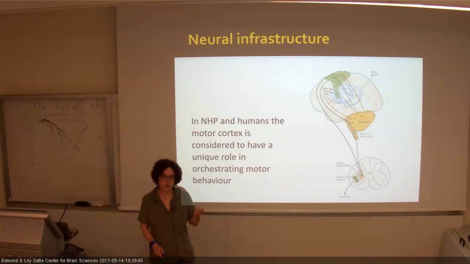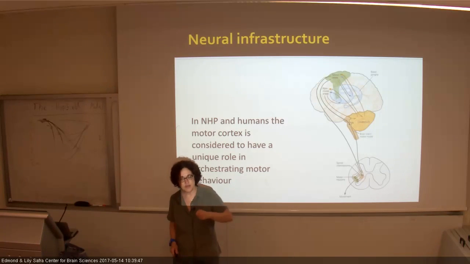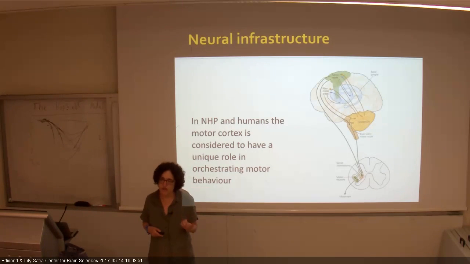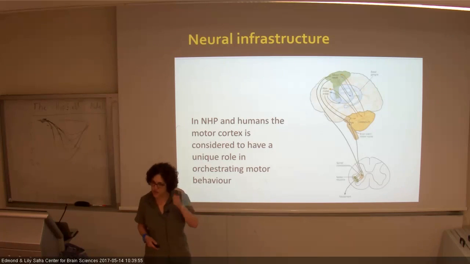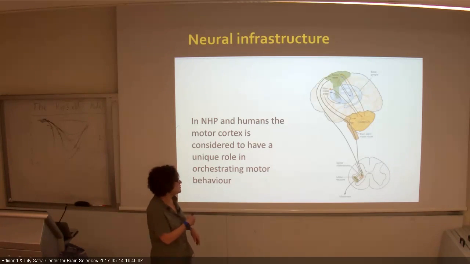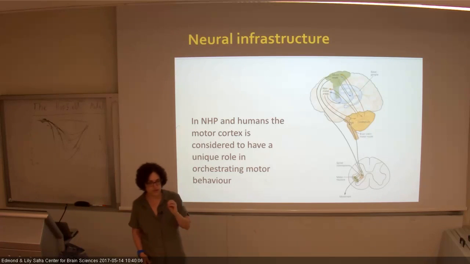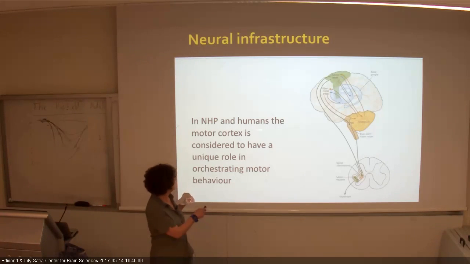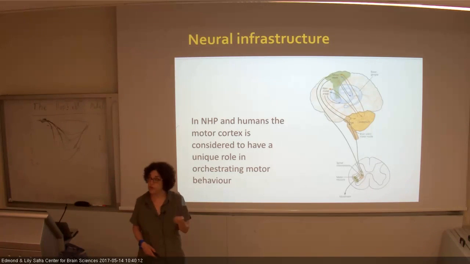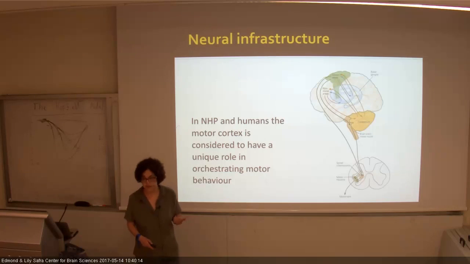They require the motor cortex for learning new skills, but it is not necessary for motor performance. This is not the case for humans, as we know from stroke patients. It is not the case for humans and non-human primates. So many of the studies of the control of motor activity were done in non-human primates, because this is the appropriate model for understanding motor behavior.